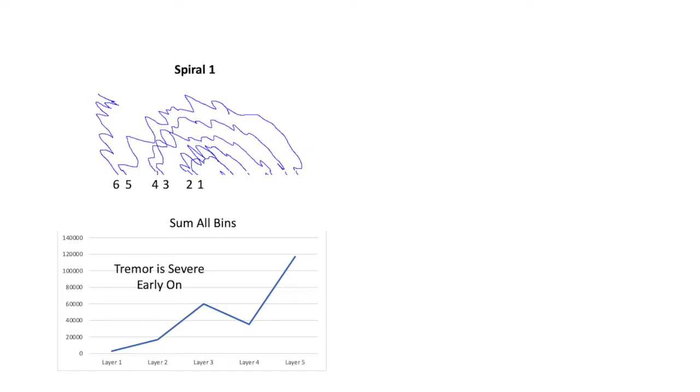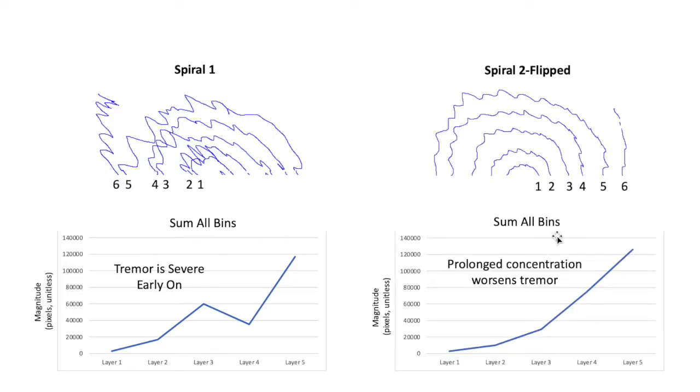Compare this to spiral 2. Here we see that the longer the patient has to concentrate on this drawing task, the worse the tremor becomes. As you can see visually, each ring, the tremor gets worse and worse, and we see that gradual, consistent increase. And this is the type of information that the LCPC transform can provide.